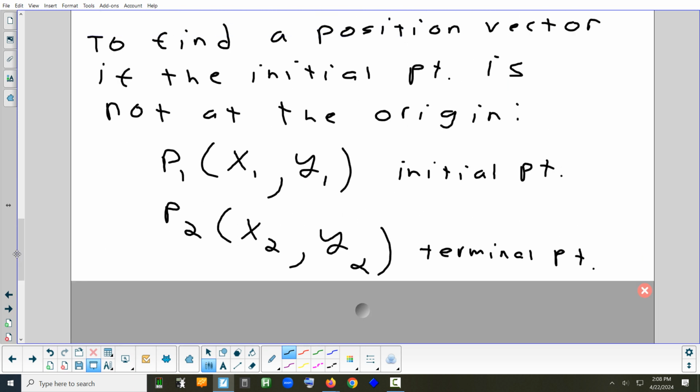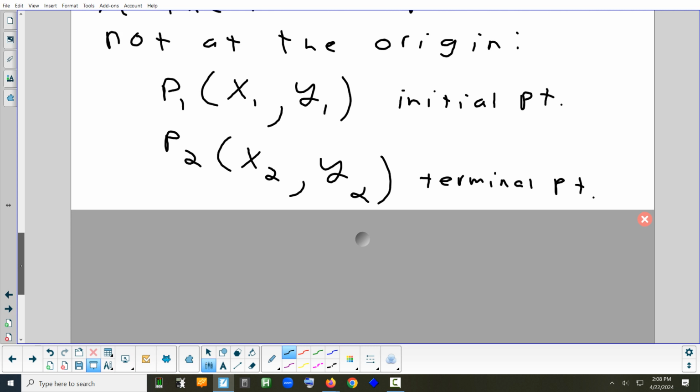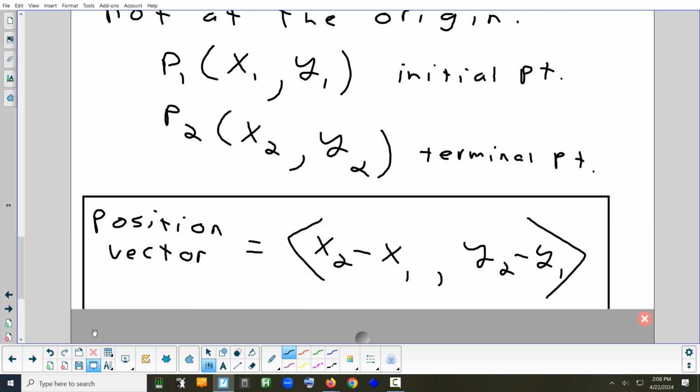If you switch it around, what will happen to your vector? You get the negative of your vector. It would point the wrong way. That makes a difference. So it's always the terminal minus the initial.